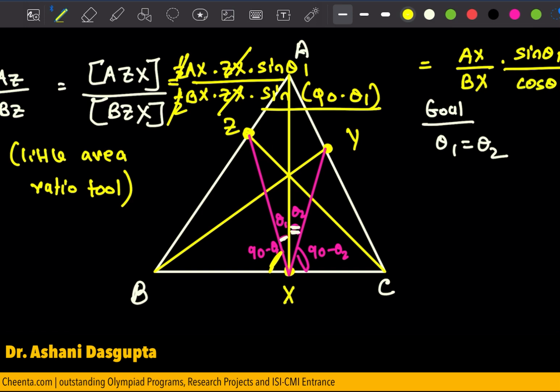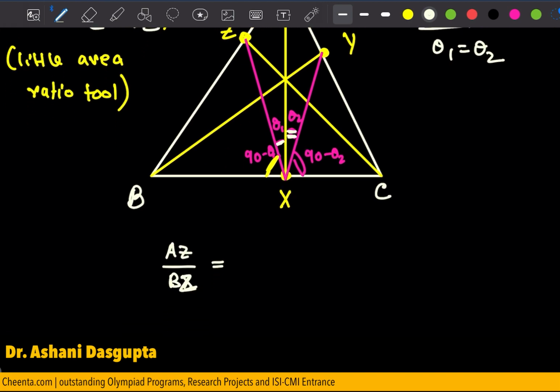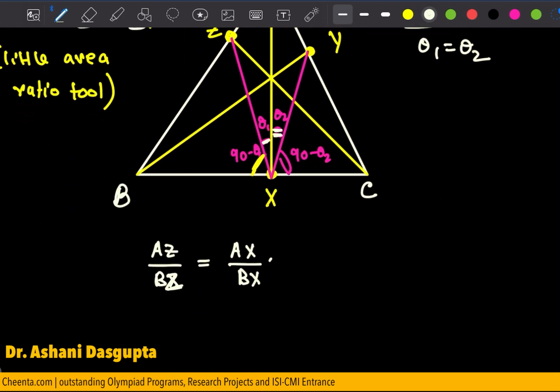So AZ by BZ is AX by BX into sine theta 1 by cos theta 1, right?